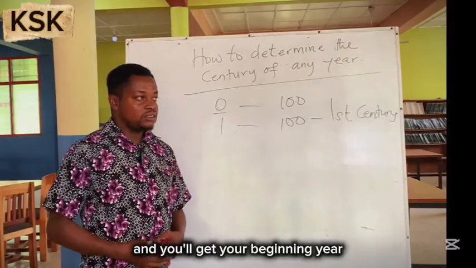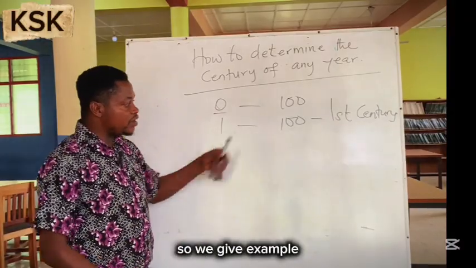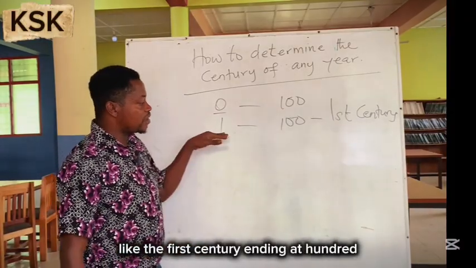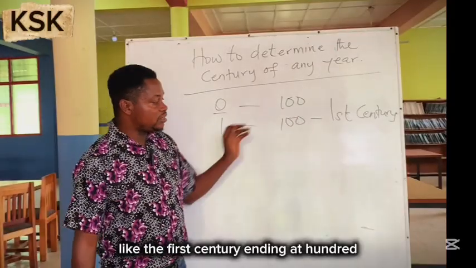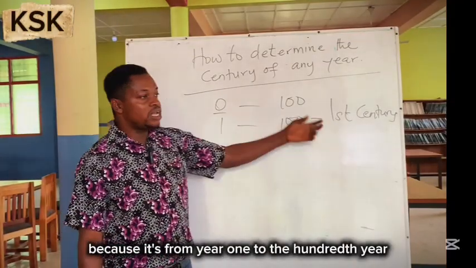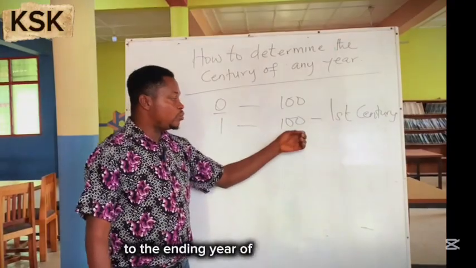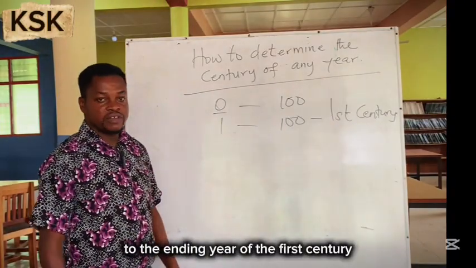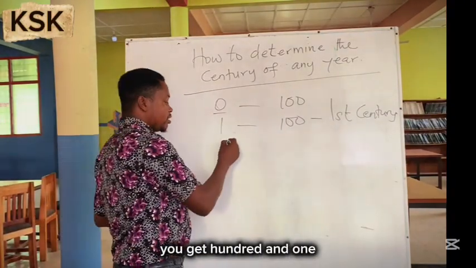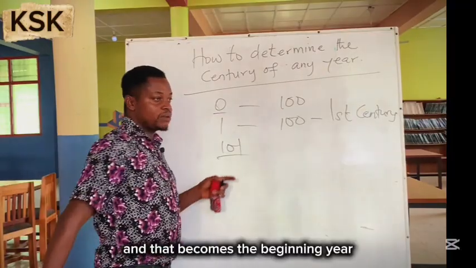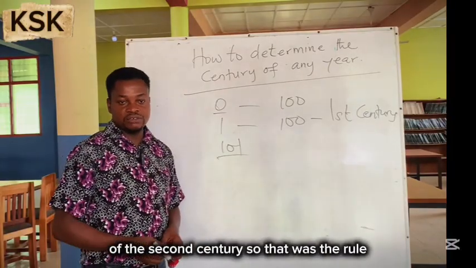For example, the first century ends at 100, so adding 1 gives 101, the beginning year of the second century.